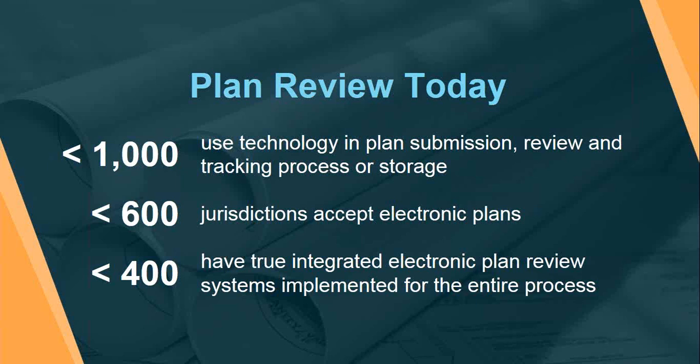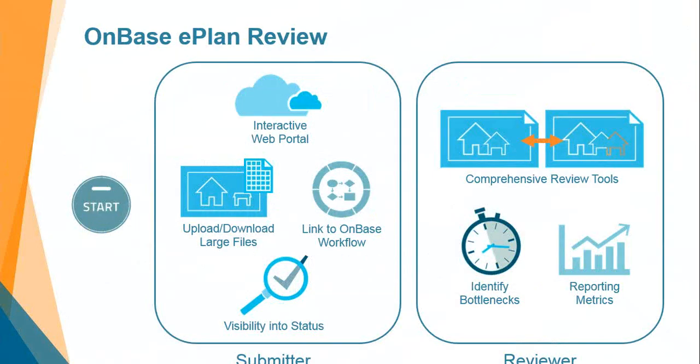Less than 1,000 of those actually use technology in the plan submission, review, and tracking process or storage, and even less than 600 jurisdictions accept electronic plans. And then to take that one step further, less than 400 have true integrated electronic plan review systems implemented for this entire process.